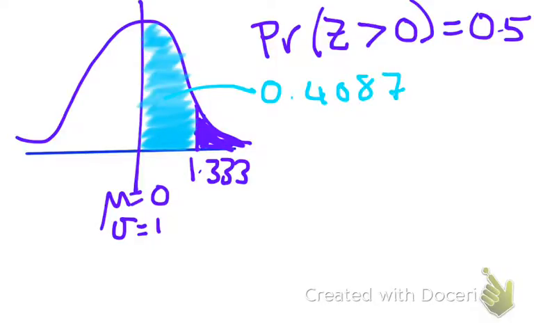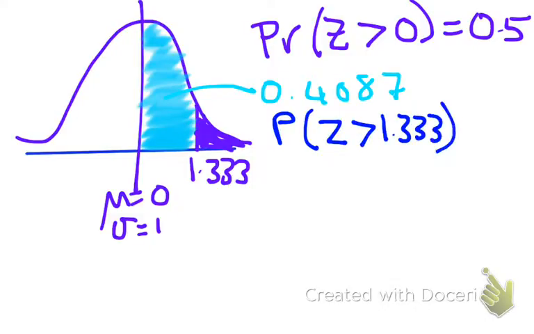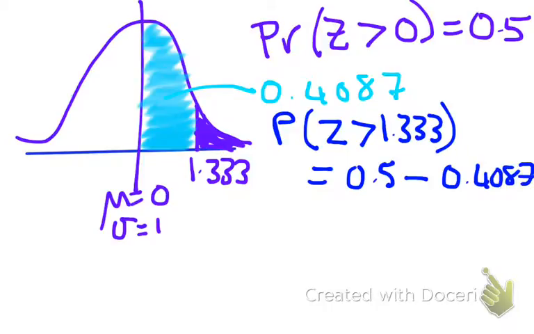So then we've got to take our prior knowledge and that piece of information together to find out what is the probability that we are interested in. What I really want to know is the probability that z is bigger than 1.333. That's going to be equal to 0.5, take away this value of 0.4087.